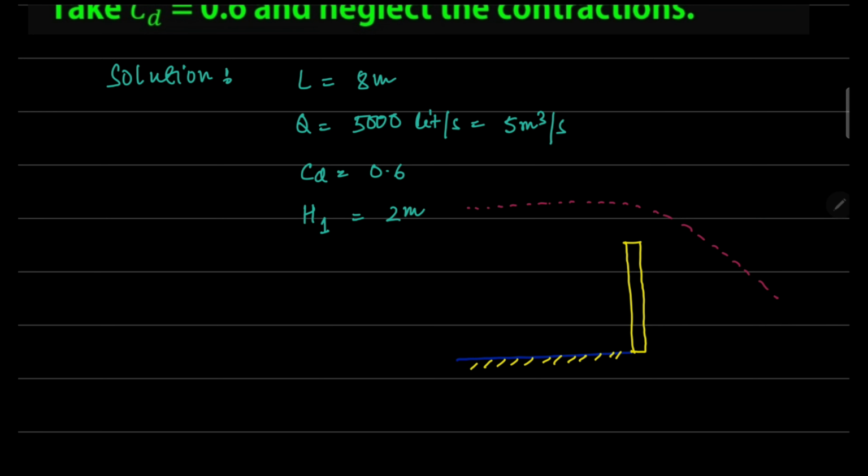Now the water goes this way. The given value is the height of the upstream water above the base. So this value is h1, which is 2 meter, and the question asks for this value, which is unknown.